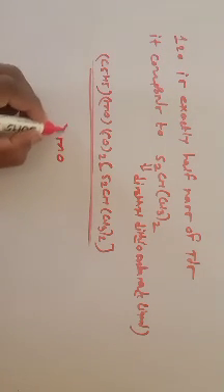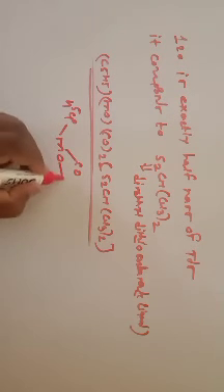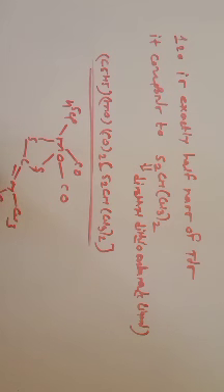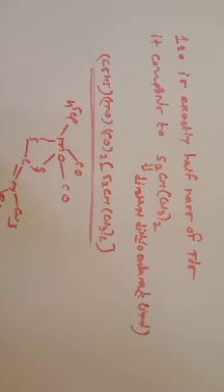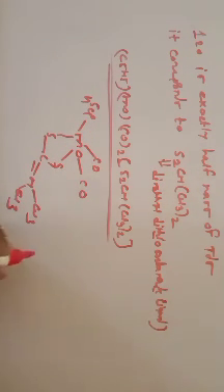Molybdenum has one eta 5 Cp, two carbonyls present, and the two sulfurs from this dimethyl dithiocarbamate ligand attach to this molybdenum, and they are attached to this carbon, and then the carbon is attached to nitrogen, which has CH3 groups. So this is the structure of your product.